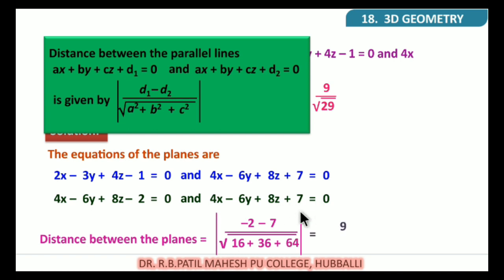So -2 - 7 is -9. We have taken the modulus, so it becomes positive 9 divided by the square root of 116. That 116 can be written as 2 into the square root of 29. So this is the distance between the two parallel planes. So option A is right.